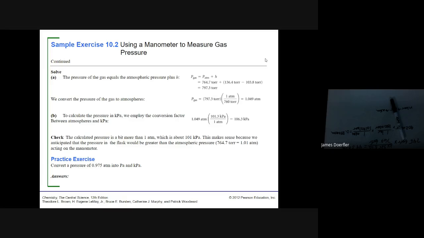I want you to take a few minutes and do the practice exercise. You have two parts. You need to go from 0.975 atmospheres to pascals, and then 0.975 atmospheres to kilopascals. Take a few moments, and then we'll go over it together.